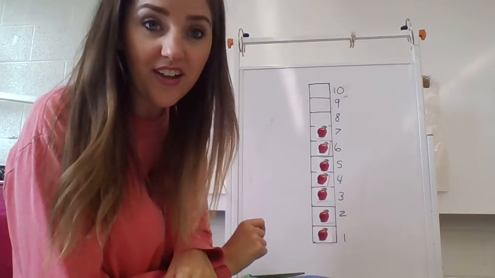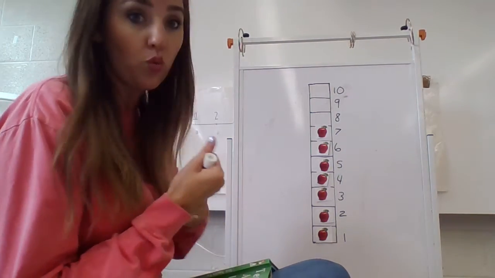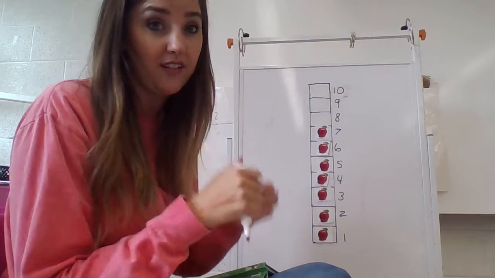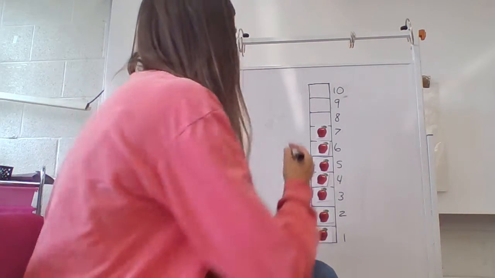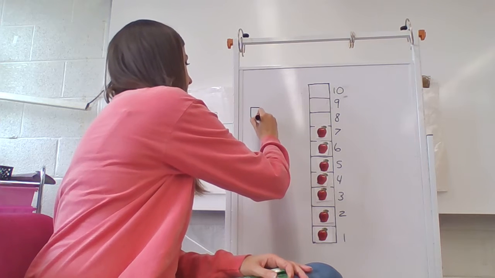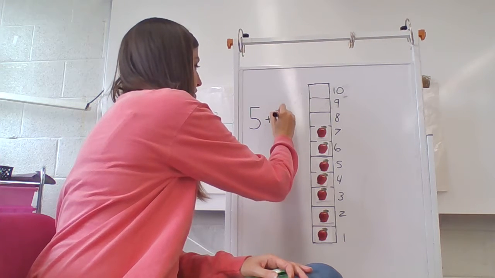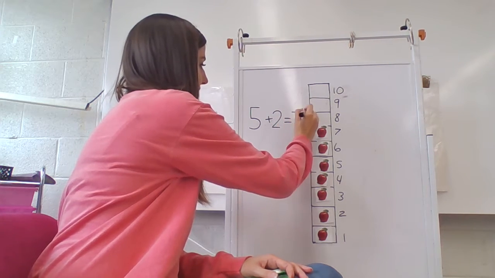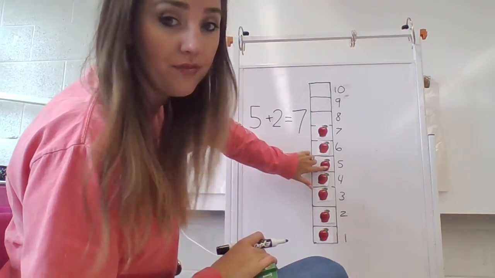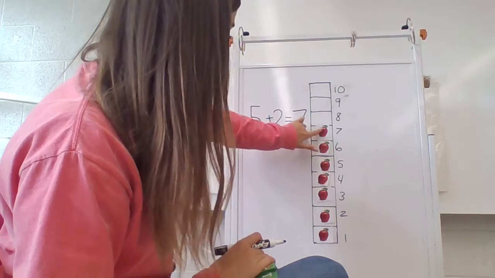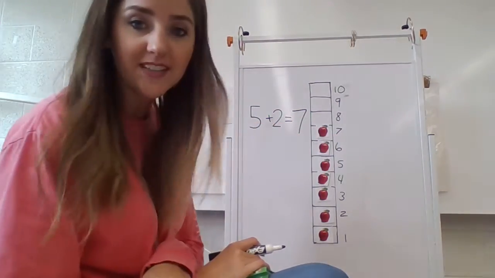Now we have 7. So we can write that out as an equation. You ready? I know it's a big math word, but look, it's not that hard. 5 plus 2 equals 7. So we had 5, we added 1, 2, and now we have 7.